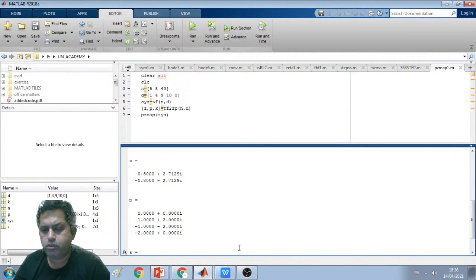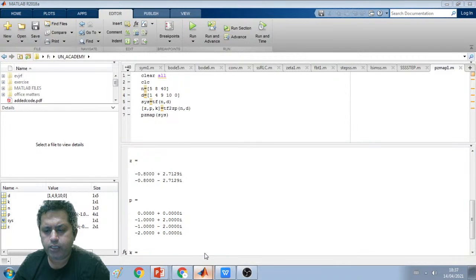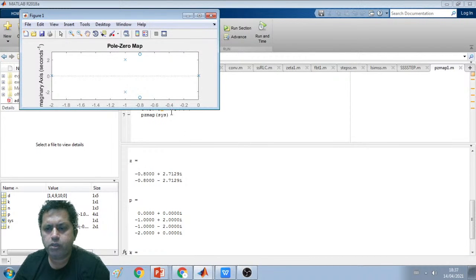Four poles. One is at origin, others are not at origin. One simple pole at origin, one simple pole at -2. The other two are complex conjugate poles. Okay, so let us see the figure. How many zeros? Two zeros, circle. How many poles? One, two, three, four. Four poles. So this is a pole zero plot.